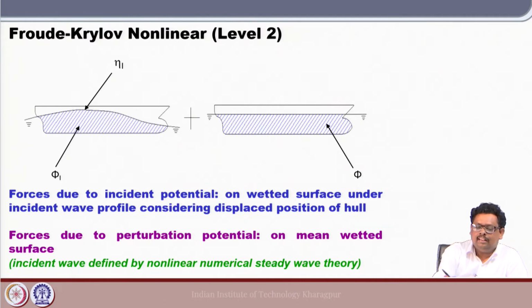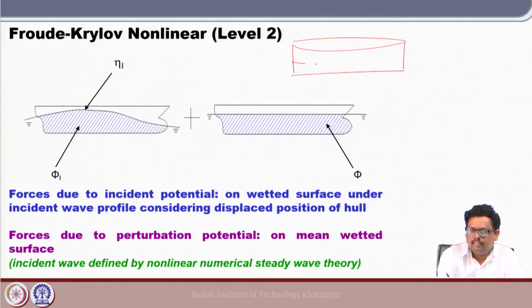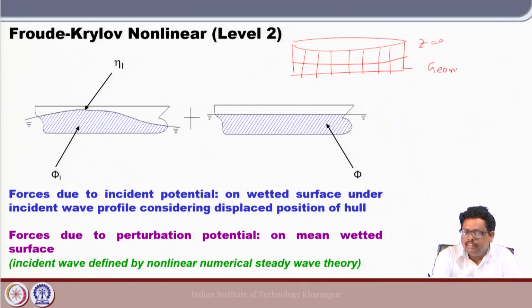It means that suppose I have this panel, I have this panel. Okay. Now, it is about z equal to 0 and this paneling I am not changing over time. So, this geometry I can call geom. It is not a function of t.